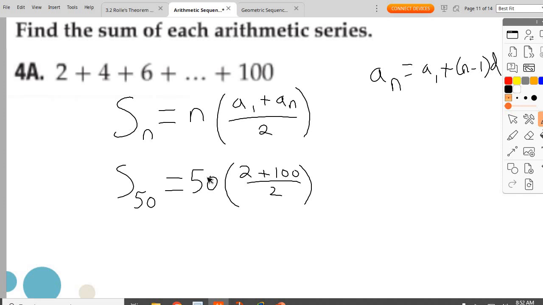But interesting story. Do you want to know where this formula came about? The guy who made it. Yeah, so the guy that made it, he didn't have it proven at this time, but he was 8 years old, sitting in a math class. He was being disruptive and kind of annoying, and so the teacher was like, as a punishment, I want you to add together all of the even numbers from 2 to 100.